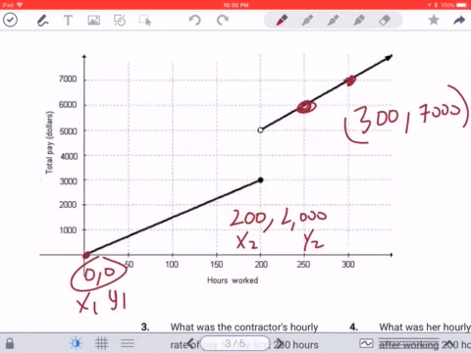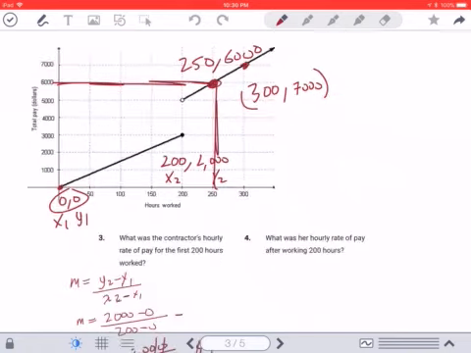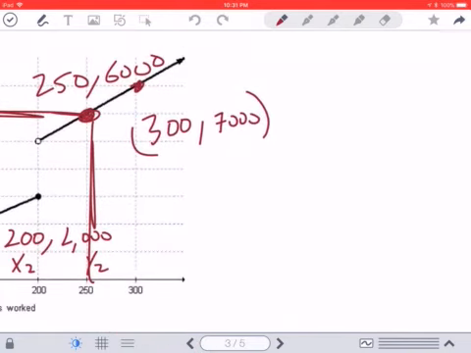And this is the point over 250, up 6,000. You can always just connect these with a little line. And I'm going to label this X1, Y1, because it's my first point as I go from left to right. And this is X2, Y2.